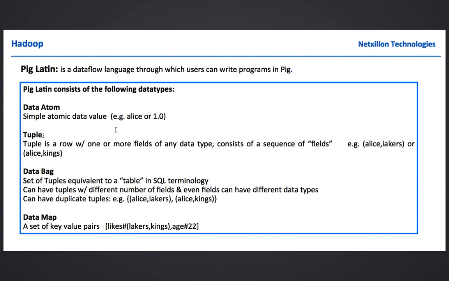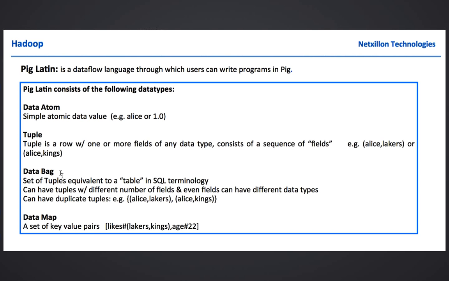It could be a tuple. A tuple is a combination of fields, or you can say an ordered array, like 1, 2, 3, or multiple names specified within round brackets.